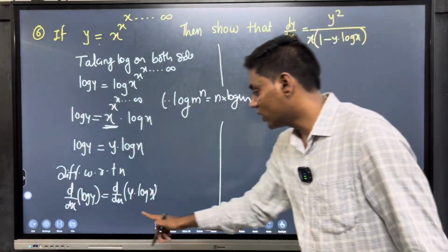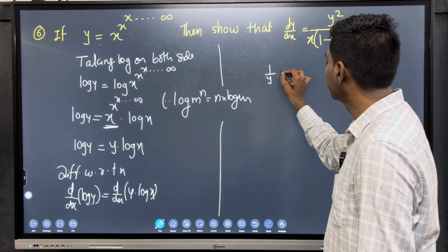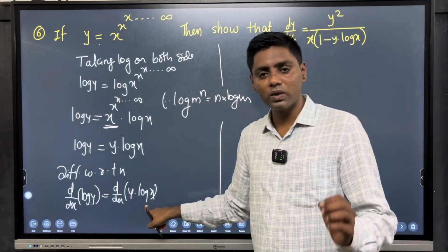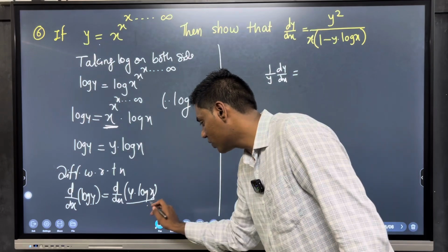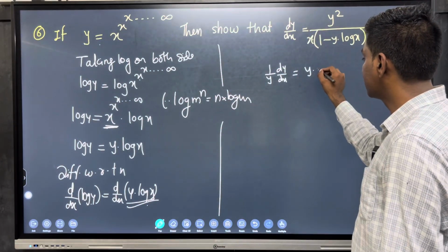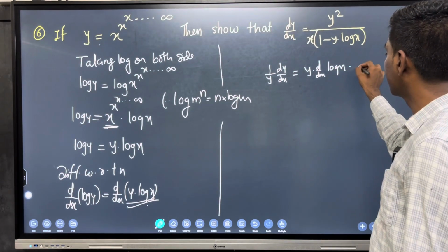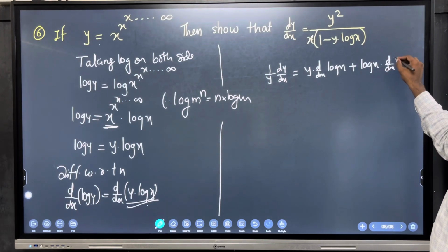Here, what is the derivative of log of y? It is 1 upon y dy by dx, equal to the derivative of the multiplication of two terms, using the multiplication property of derivative. First take the first as it is and differentiate the second, that is log x, and then take the second as it is and differentiate the first, that is dy by dx of y.